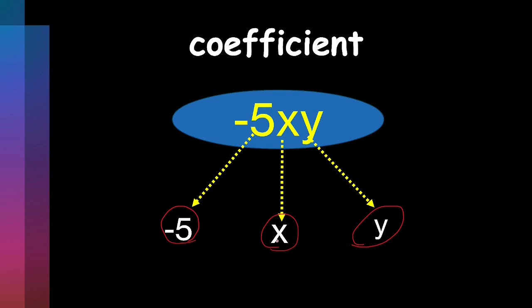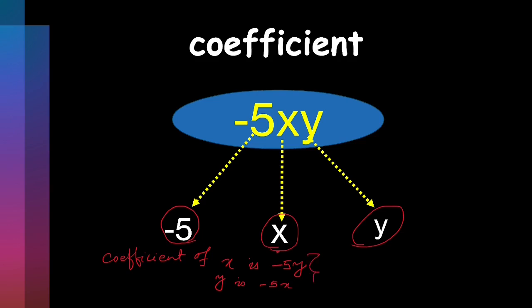If we are taking x, the coefficient of x is negative 5y. That means those other factors present in the term are the coefficient. Here the coefficient of y is negative 5x.